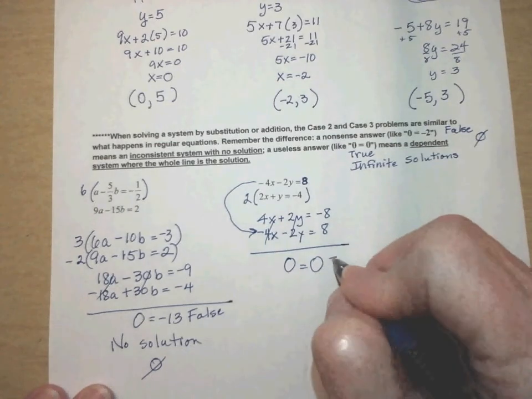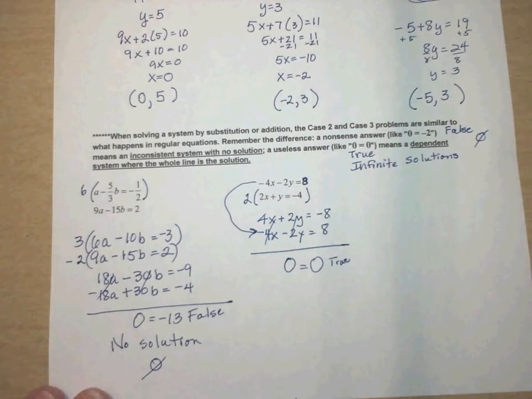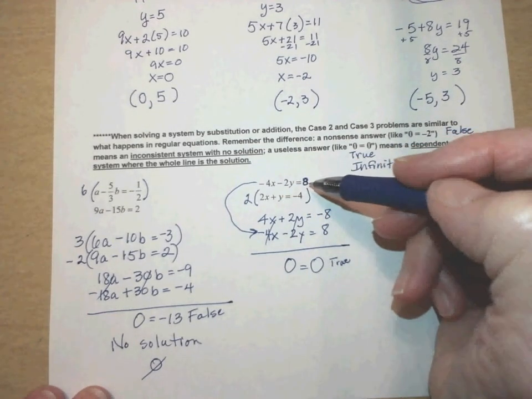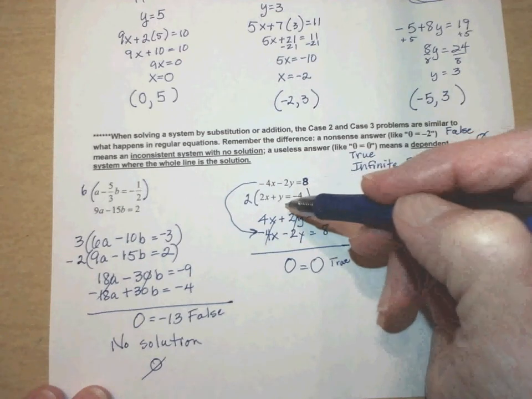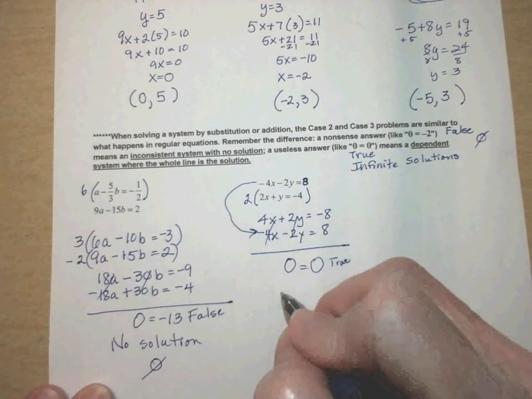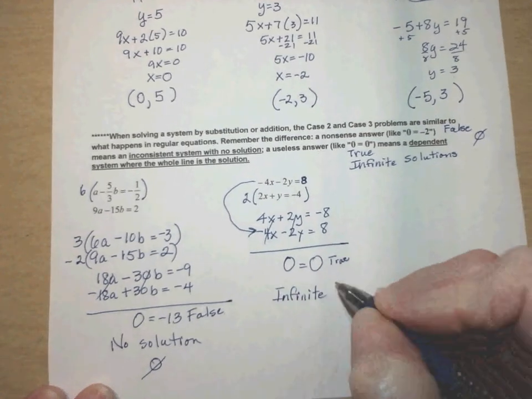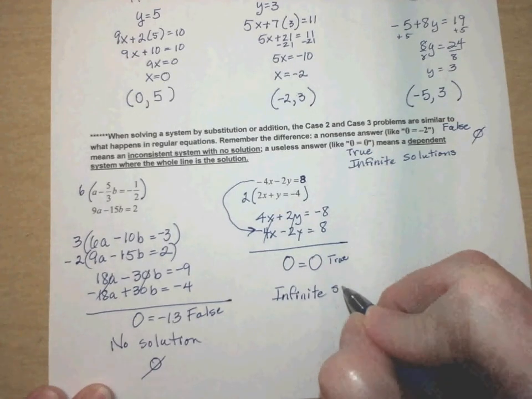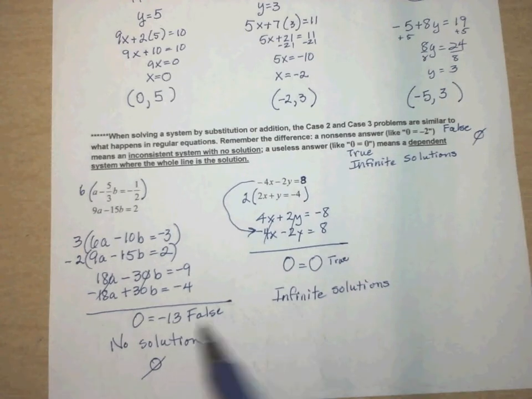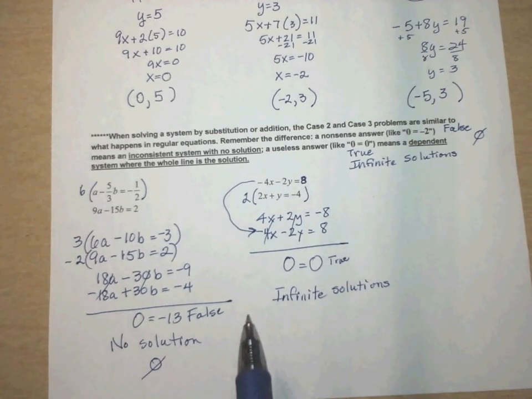So that's gone, so that's 0. And over here, negative 8 and positive 8 also makes 0. So now I have a true statement, which means these two lines are actually the same line. If you were to graph this one, it would graph right on top of the other. So we say that they have infinite solutions because they touch in so many common dots that we can't count them all. So we have infinite solutions.